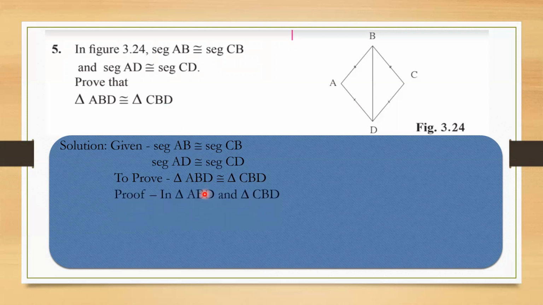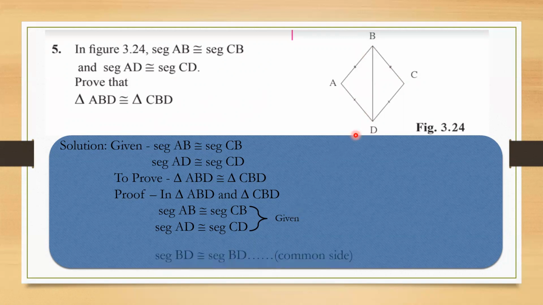Now the third part, you have to write down proof. In proof, the first statement you write down is: in triangle ABD and triangle CBD, write down what all things are given. Segment AB is congruent to segment CB and segment AD is congruent to segment CD. These two things are given, so write down in bracket: given. Now which side is common for both the triangles? Side BD. So write down that segment BD is congruent to segment BD itself because it is a common side.